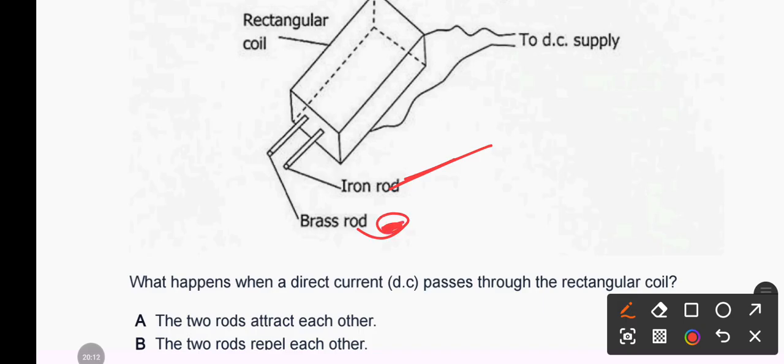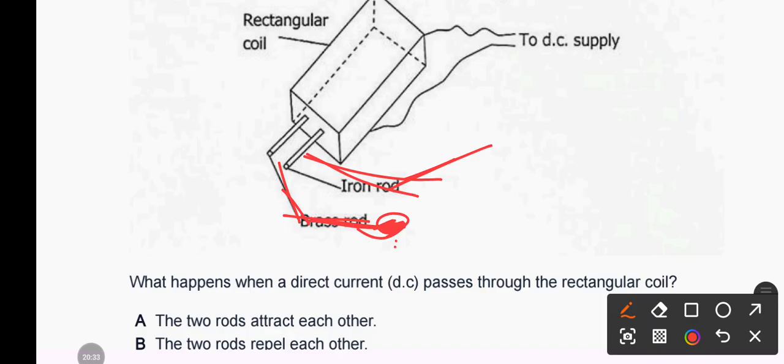Brass cannot be magnetized, meaning it cannot attain magnetic properties. It's only the iron that can attain magnetic properties. So in this case, the iron will be magnetized when direct current flows through it, and the brass will not be magnetized.